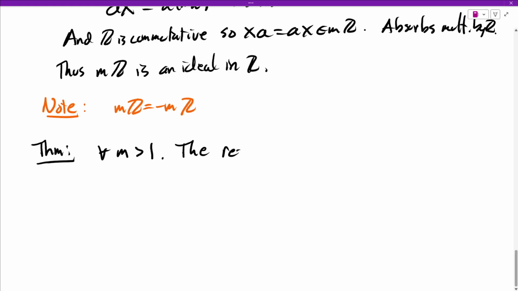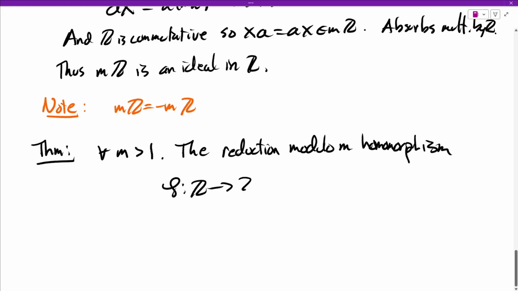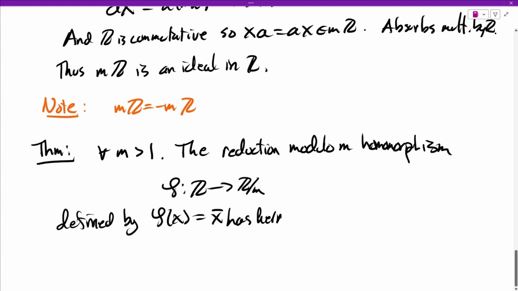The reduction modulo m homomorphism phi from Z to Z mod m, defined by phi of x is x reduced modulo m, has kernel mZ.